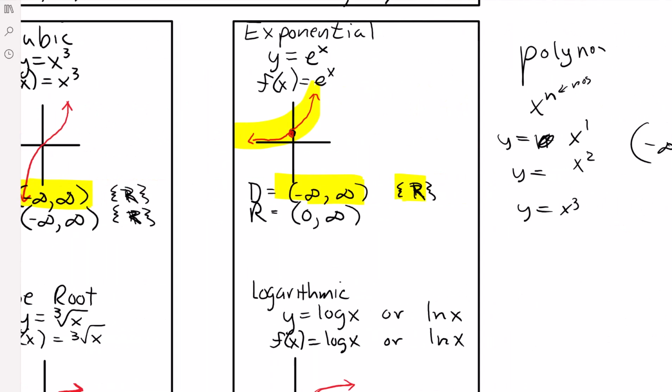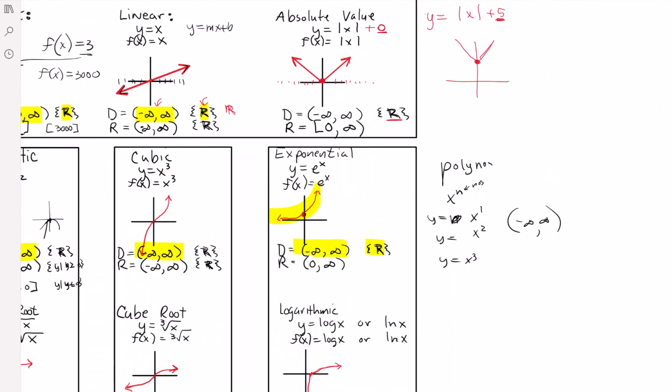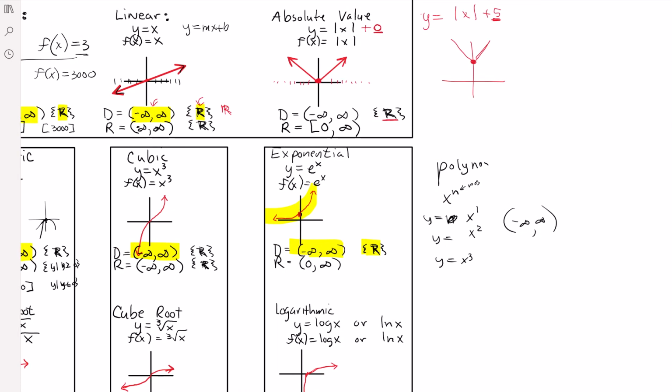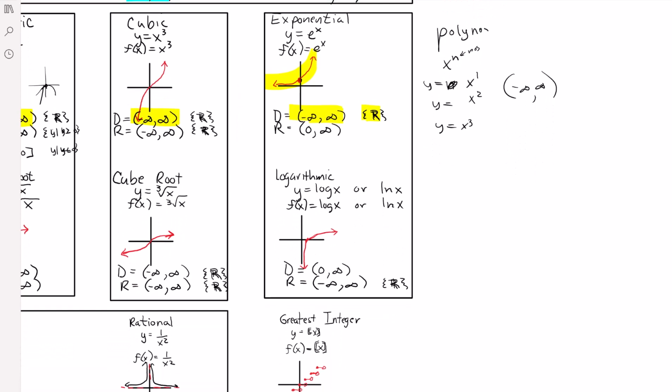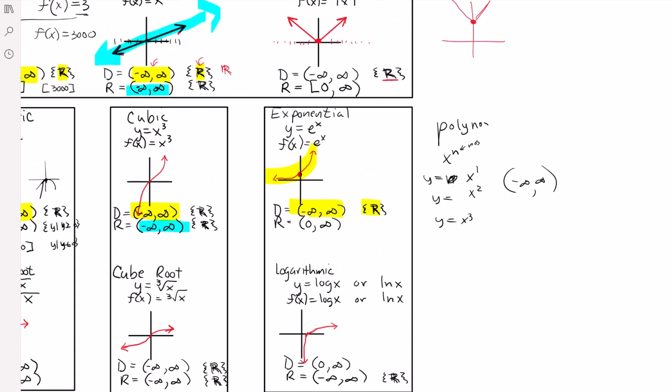For a cubic, much like, oh, I didn't mention the linear graph, much like the linear, see how that arrow is going infinitely up and infinitely down? So it's also all reals, or negative infinity to positive infinity. Same with cubic. And what do they have in common?